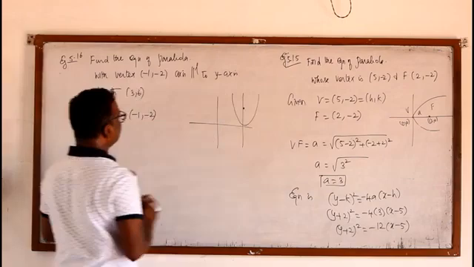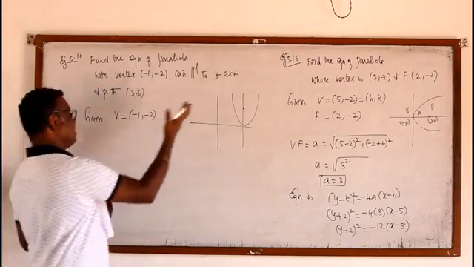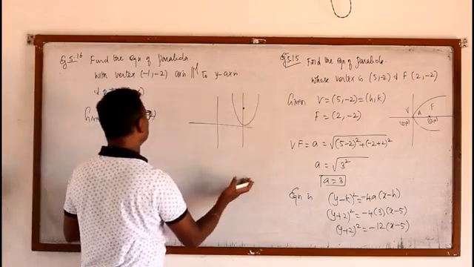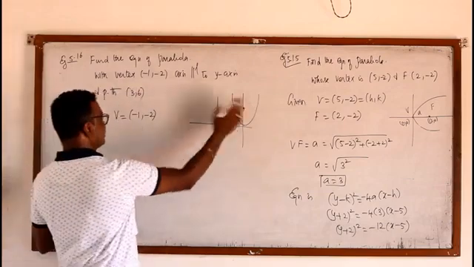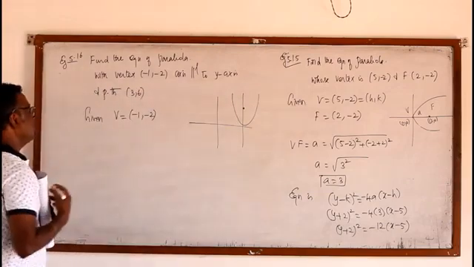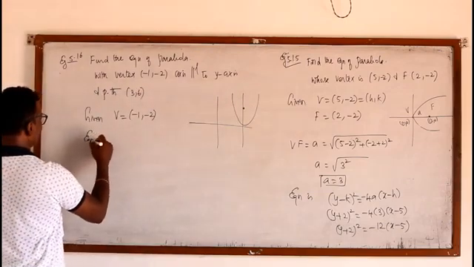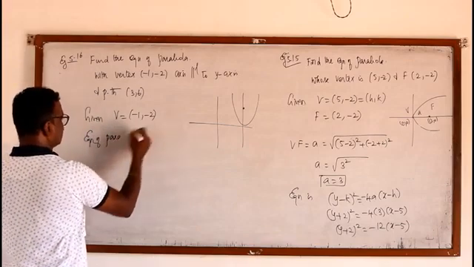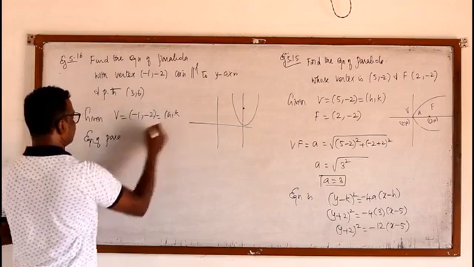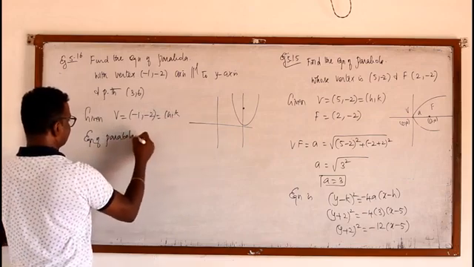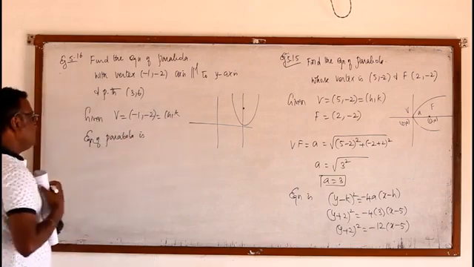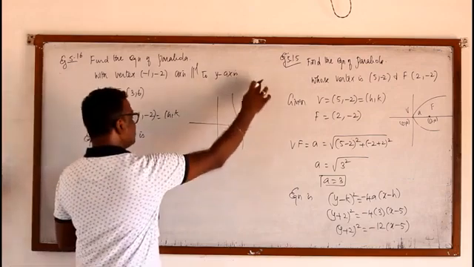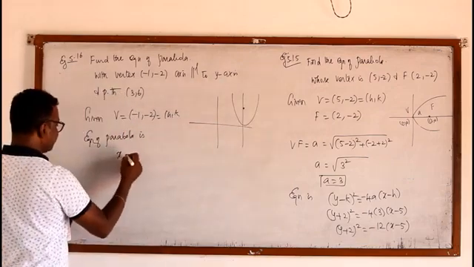That means curve will be in this format, maybe upward or downward. That's not the thing. But this is the axis. Therefore, equation of parabola is, this is our (h, k). Curve is symmetric about y axis. That means it will start with x, isn't it?